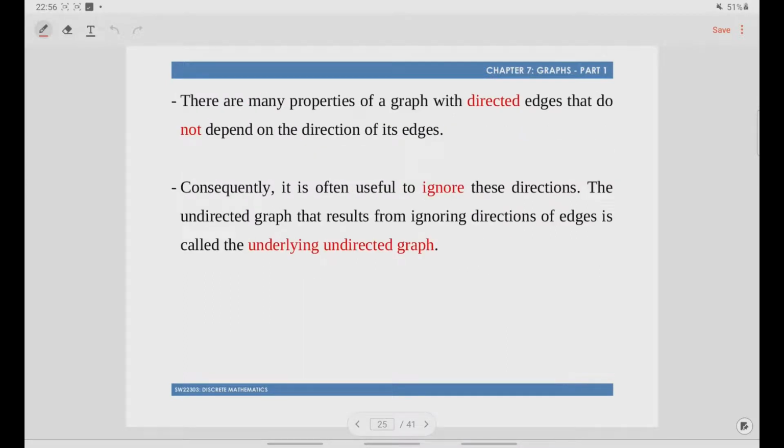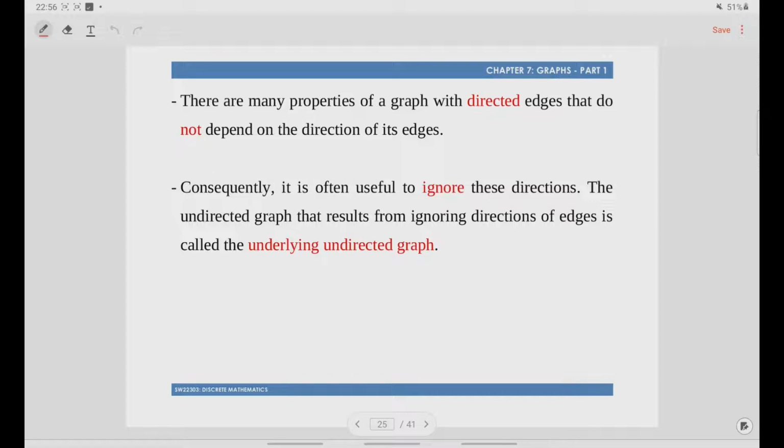There are many properties of a graph with directed edges that do not depend on the direction of its edges. Consequently, it is often useful to ignore these directions. The undirected graph that results from ignoring directions of edges is called the underlying undirected graph.